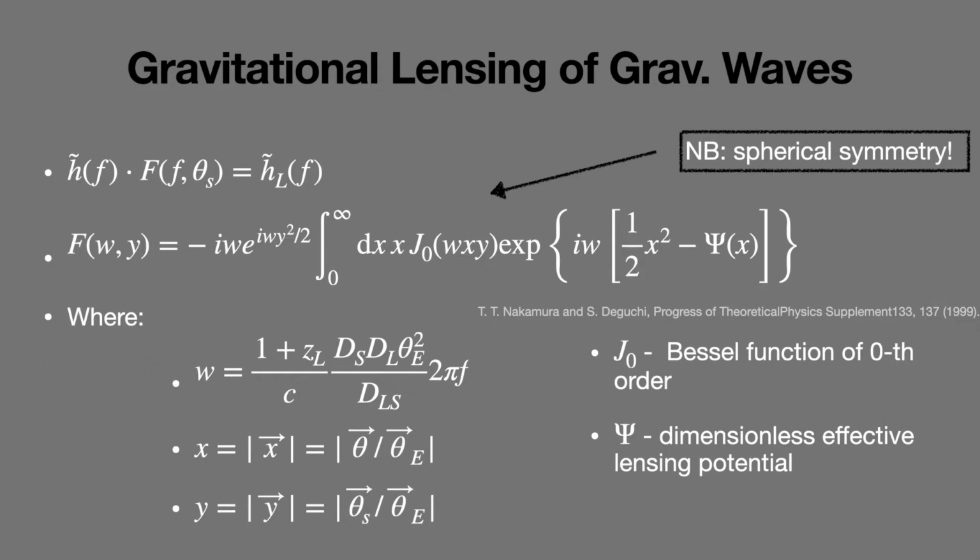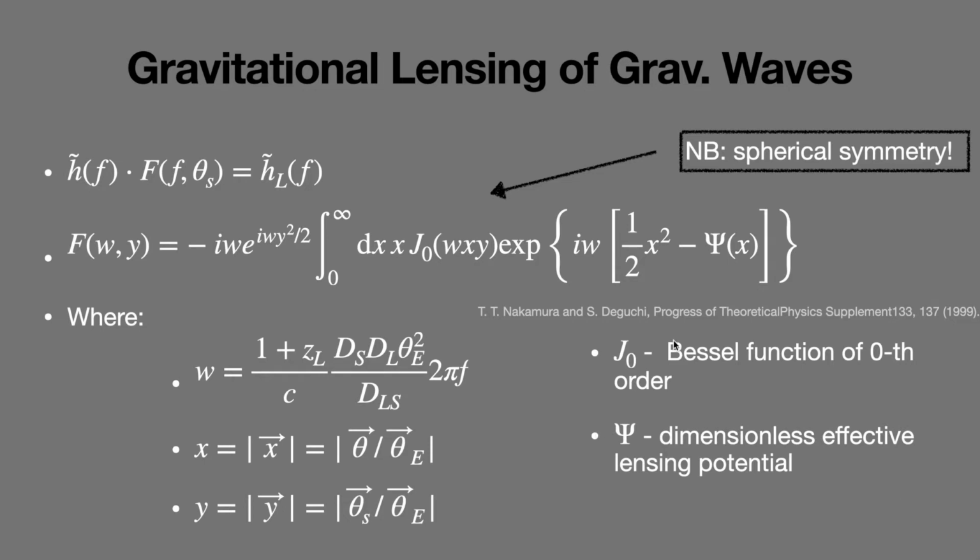The point mass lens is the lens model that we are considering for this work. Then we have x and y, the dimensionless image and source positions. And then we have the information about the mass distribution in the potential.